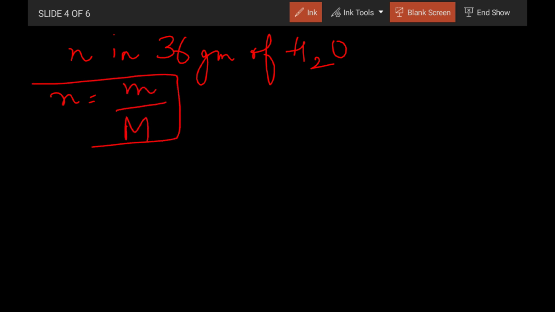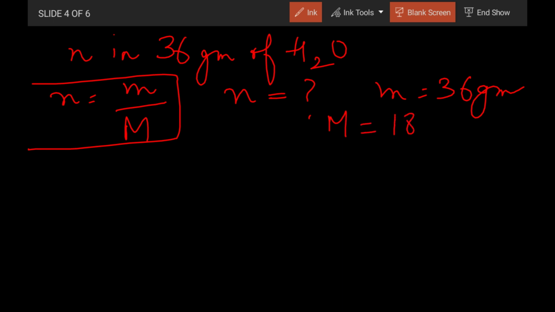Small m is your 36 gram given in the question, the given mass of water, and capital M is what we calculated a few minutes ago, that is your 18 gram.